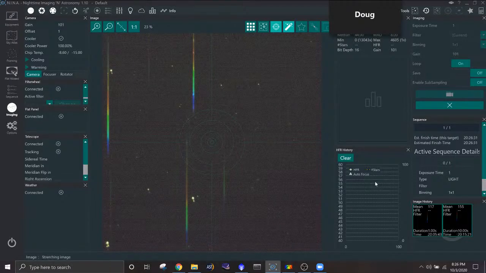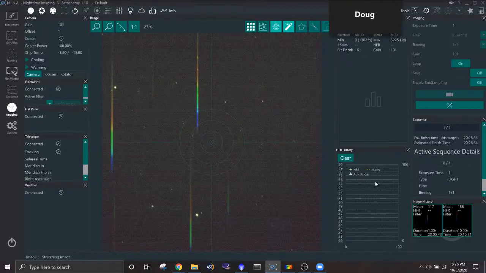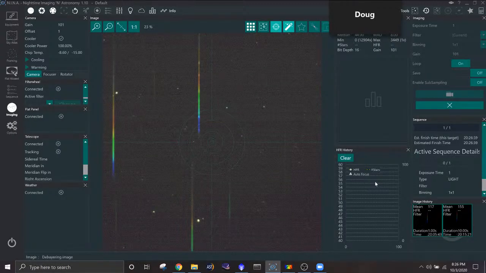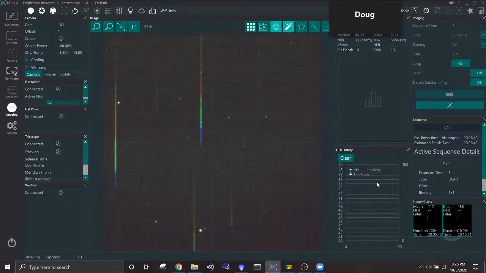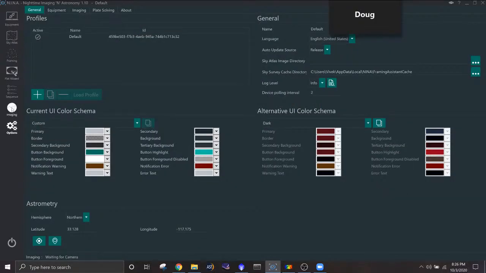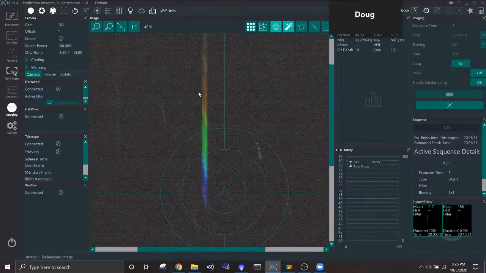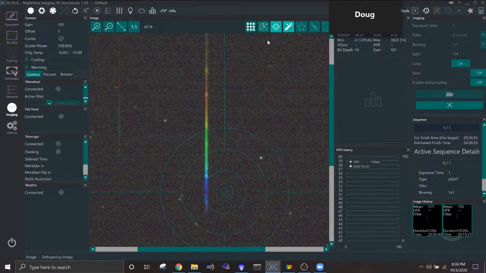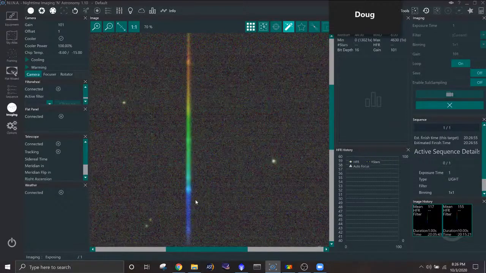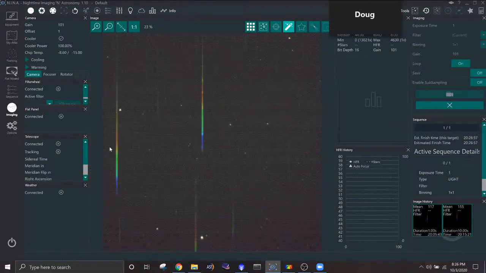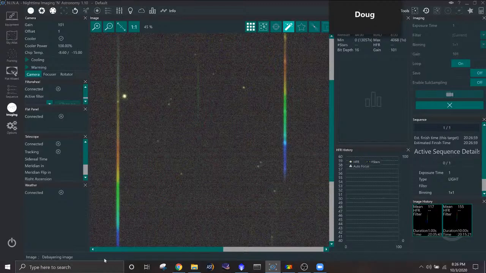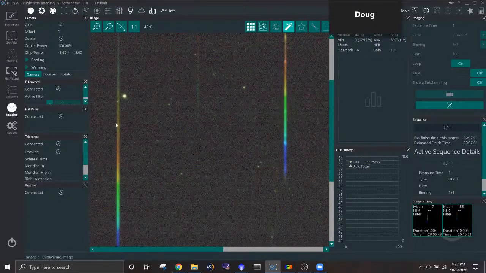I don't know if people have noticed something different about this one already, but the signature of a Wolf-Rayet is pretty visible. Maybe I'll take a second to talk about that. We'll compare these two. This is a pretty normal spectrum for a star.